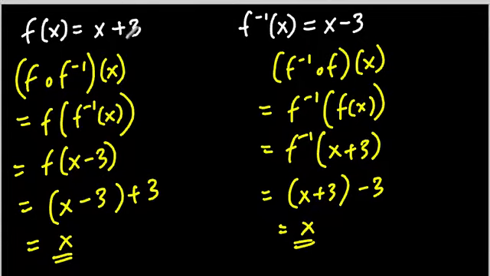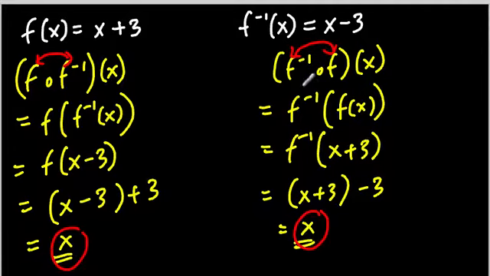Now here's a very interesting thing that we see. This is the first time we've seen that if I switch these two, this is equal to x, and if I switch them back, that is also equal to x. In other words, f of f inverse of x is equal to f inverse of f of x. Imagine I called this function g.